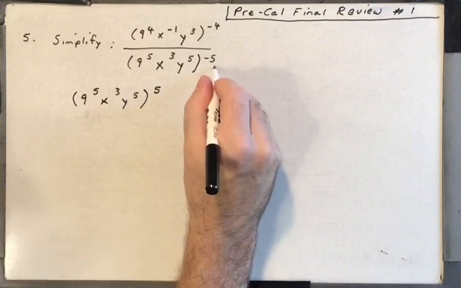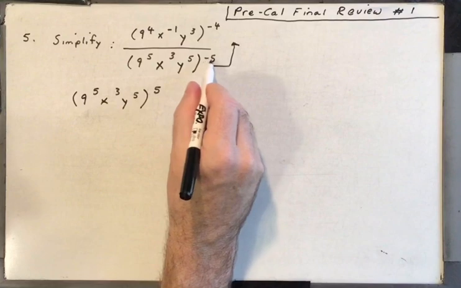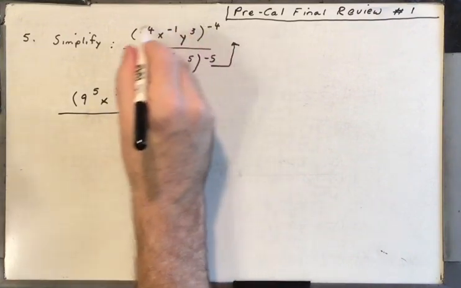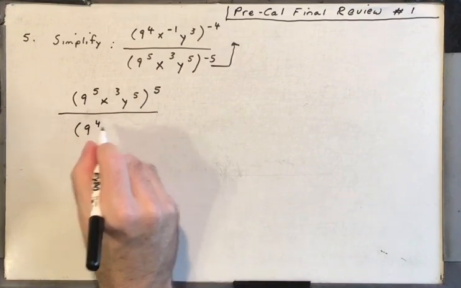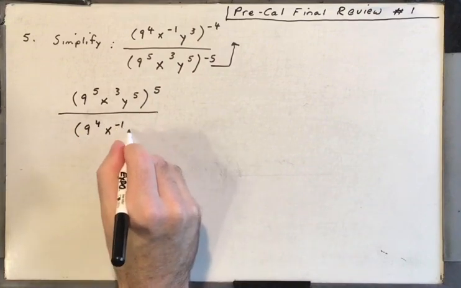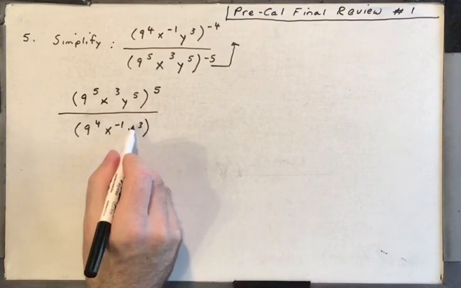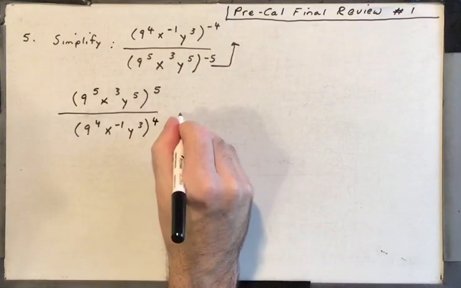Again, I'm moving this entire parentheses upstairs, and the only thing you change is the outside exponent from negative to positive. And then let's move this guy downstairs. 9 to the 4th, x to the minus 1, y cubed. Now, the exponents inside the parentheses, you don't change their sign. You change only the one that's outside.